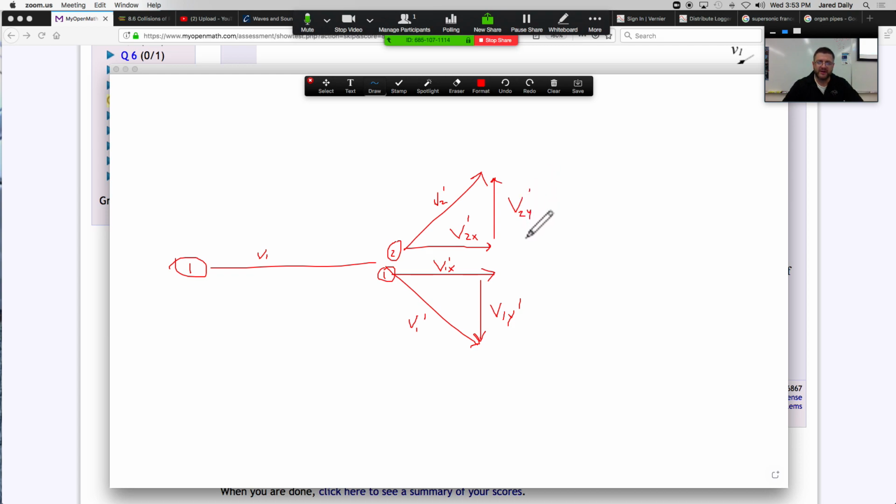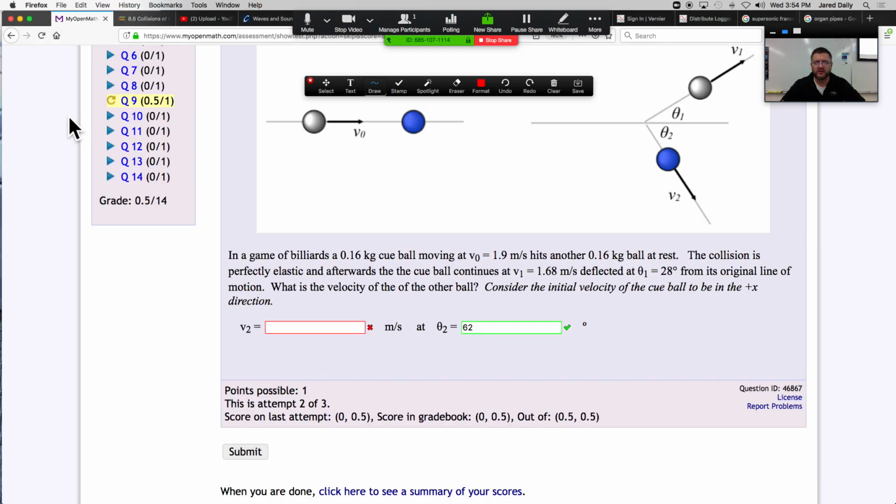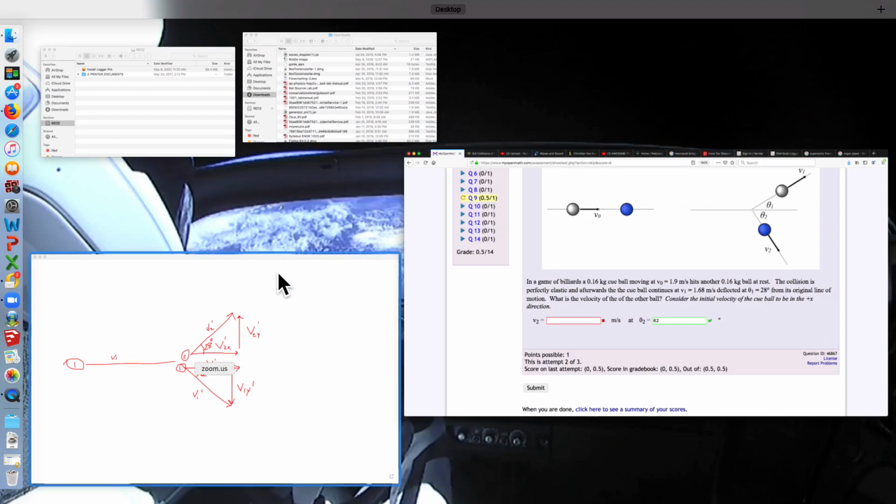Now, it may look like these are equal, but they're not. We don't have any reason to suspect that they're equal. This one is 28 degrees, which is a lot smaller than the angle that I drew in there, but this one is going to be 62. Right? Oh, I did it wrong, actually. Let's go back and change that real quick.